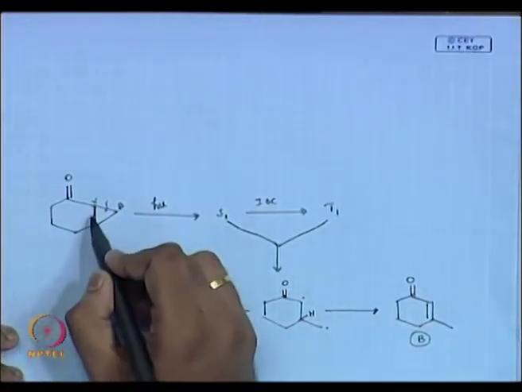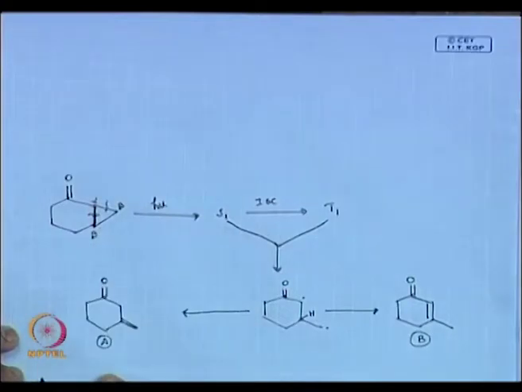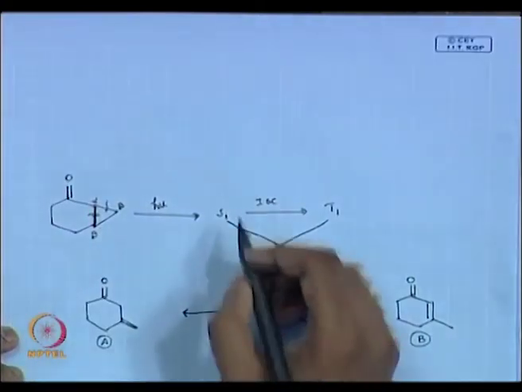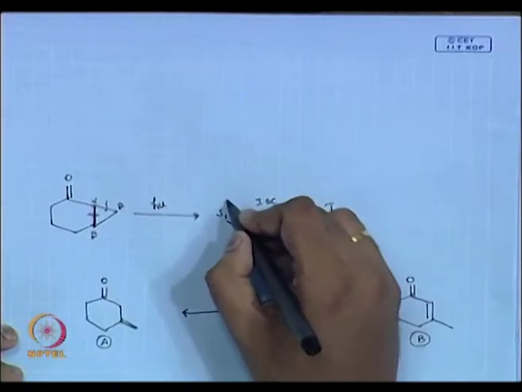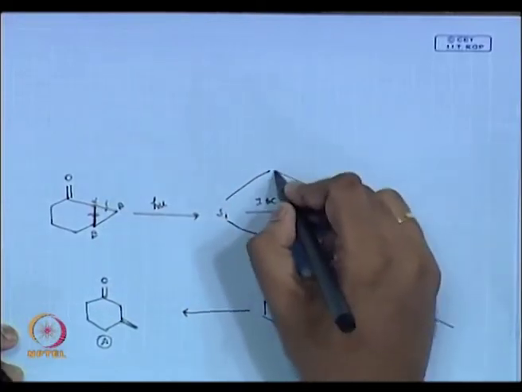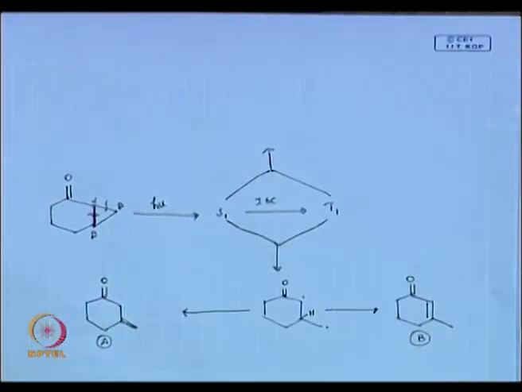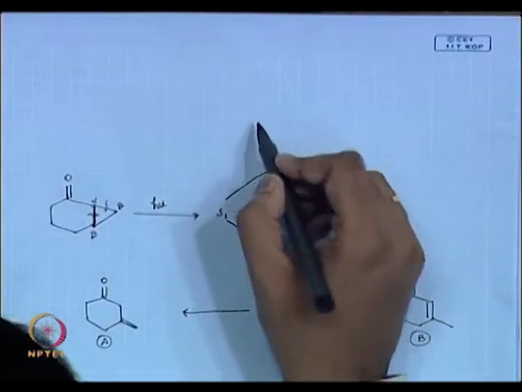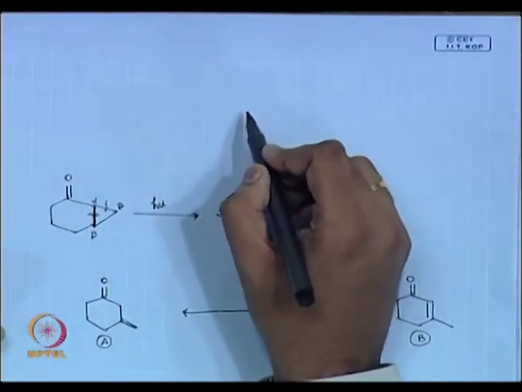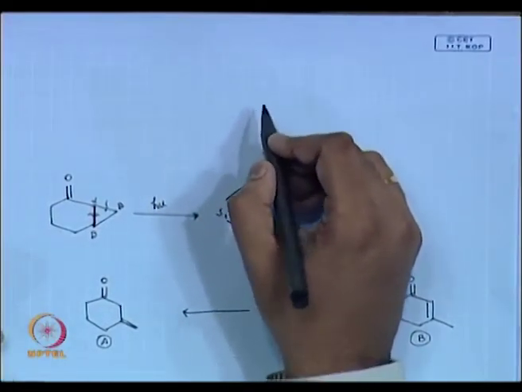If I break this one now, then what happens? If I break from here, what should I get? Can you write?